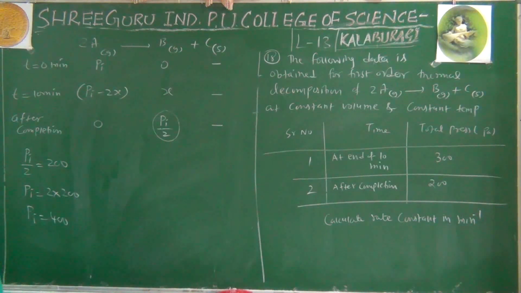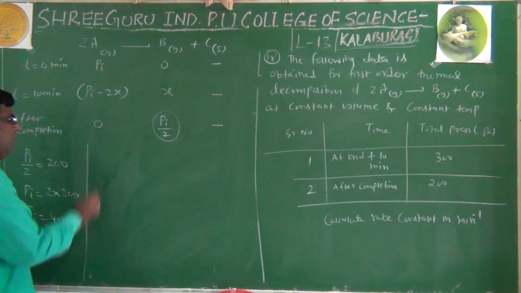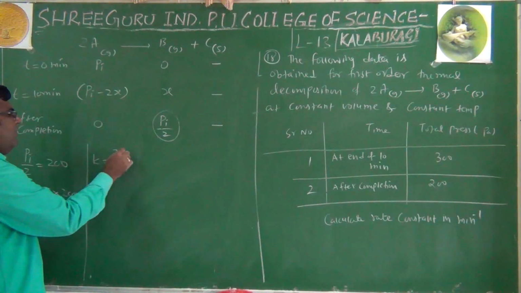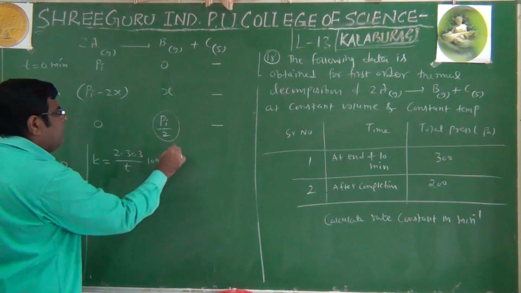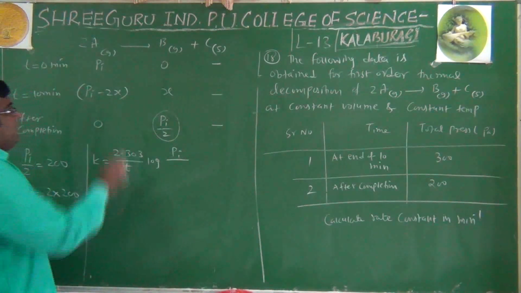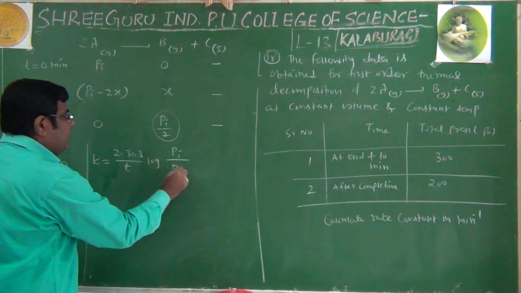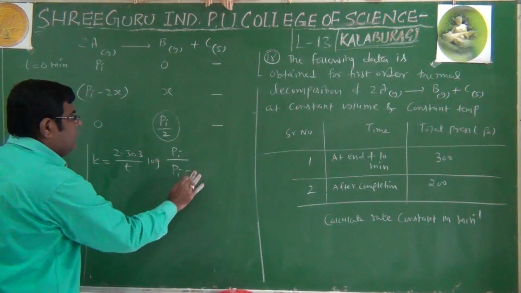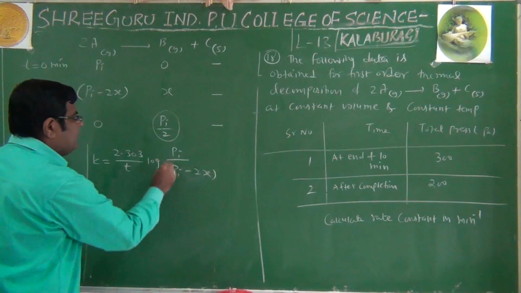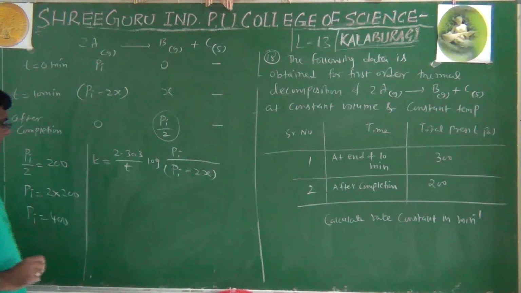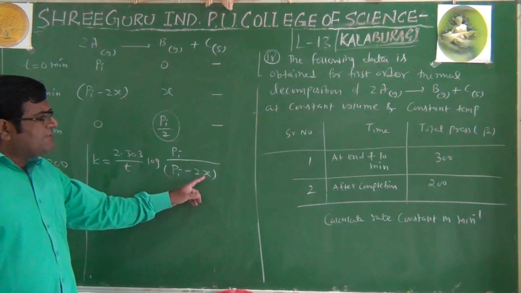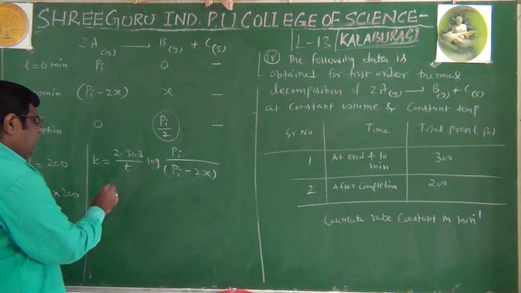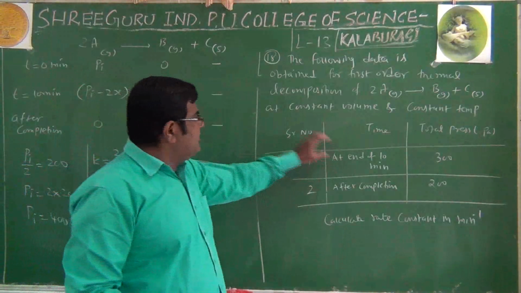Now we can look into our rate constant formula: 2.303 by t, log of initial pressure over initial pressure minus 2x. PI we know, but we don't know x. We can calculate this because the pressure at the end of 10 minutes is given to us.